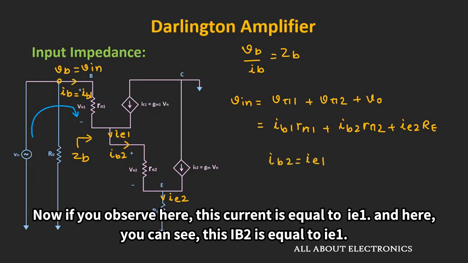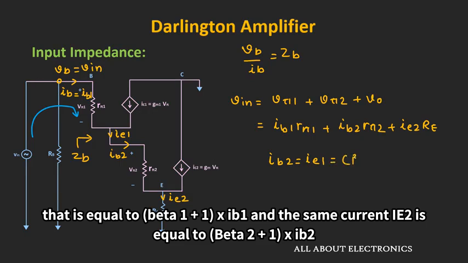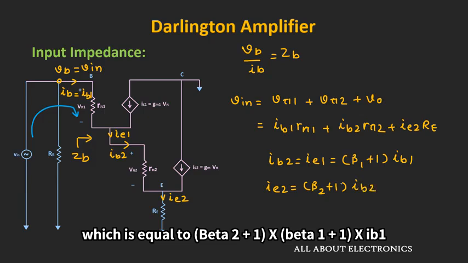equal to IE1, that is equal to beta 1 plus 1 times IB1, and this emitter current IE2 is equal to beta 2 plus 1 times IB2, which is equal to beta 2 plus 1 times beta 1 plus 1 times IB1.